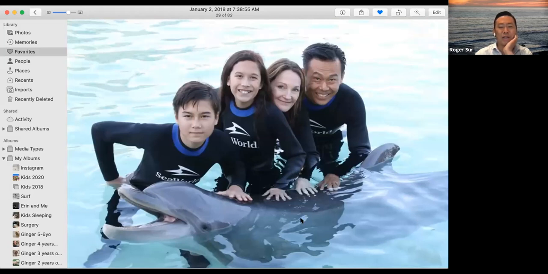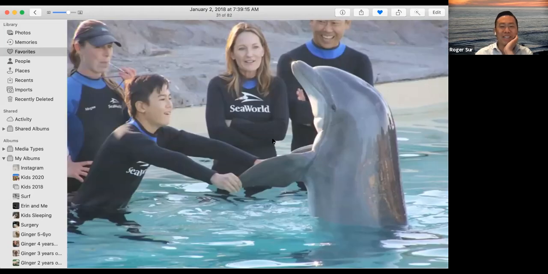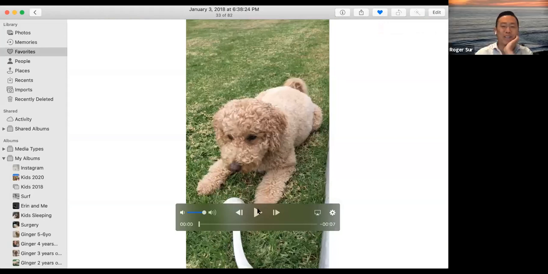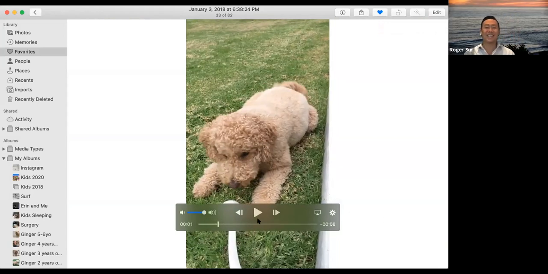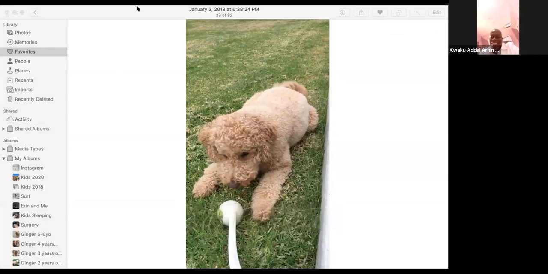This is the dolphin that I operated on. This is my daughter. I can see the dolphin is really grateful. She's very happy. Wonderful, wonderful. That's my daughter. Great, wonderful. Okay, interesting. Wonderful, great.